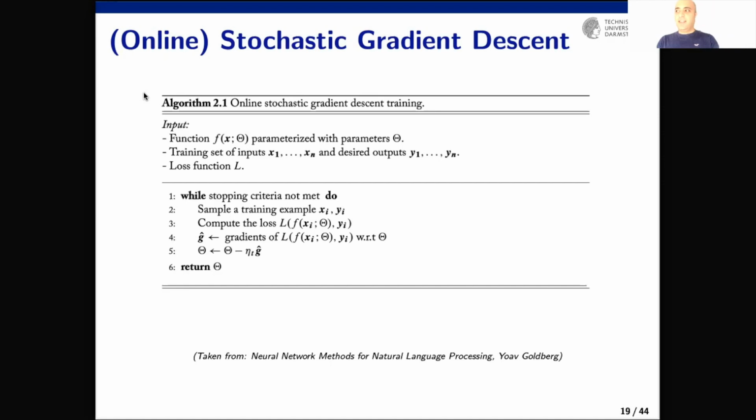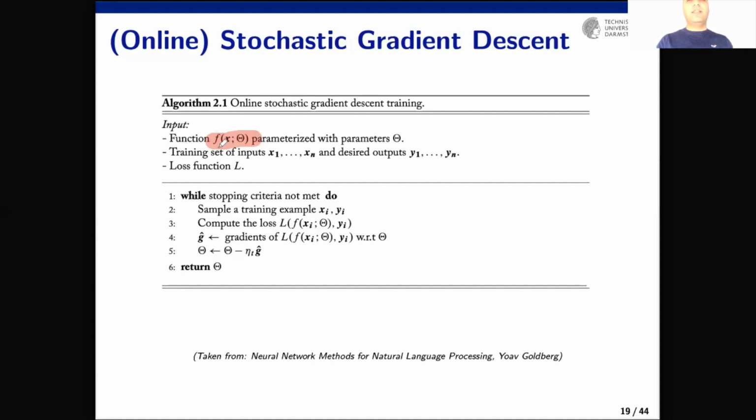As with any other algorithm in computer science, we have an input to the algorithm and one output. The input is a function that we want to use as a mapping between input and output, or the model.